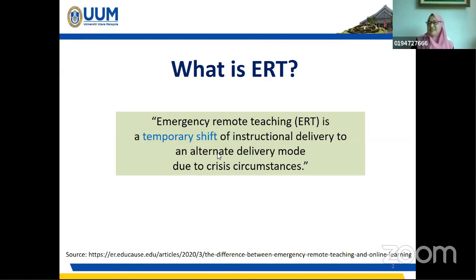It's an alternate mode of delivery, especially during crisis. So when we say temporary, sometimes it's not by design, it's by chance that we stumble upon this experience and become a learner ourselves again through experiential learning, redesigning our curriculum, our syllabus, and then try to relearn, unlearn new stuff doing online.